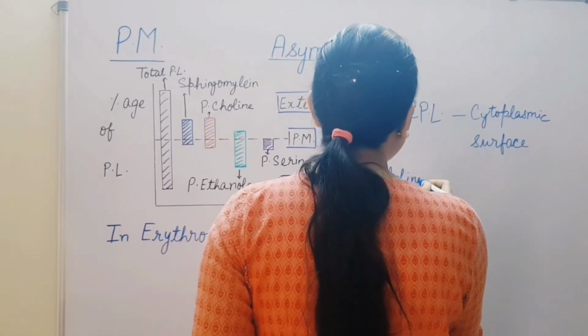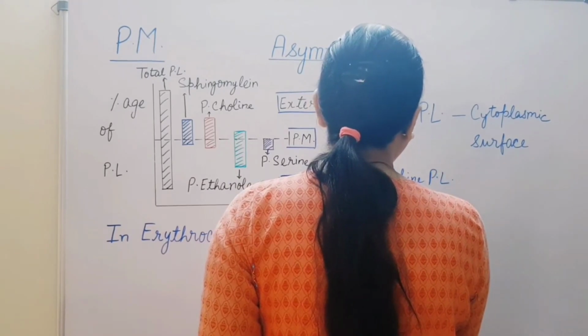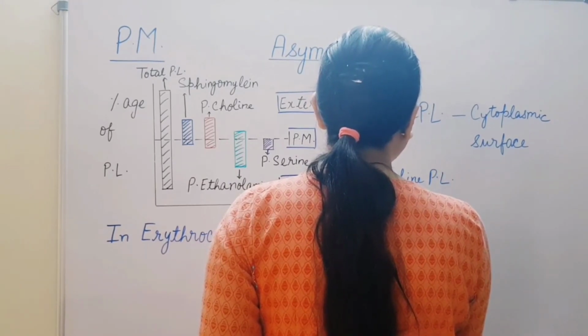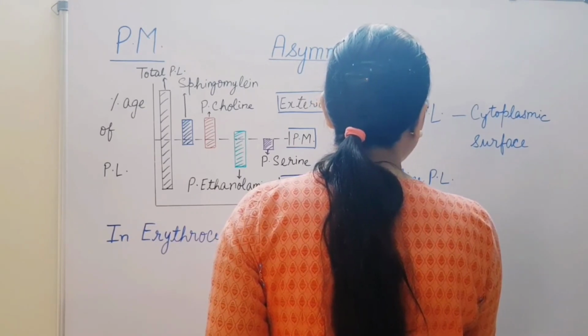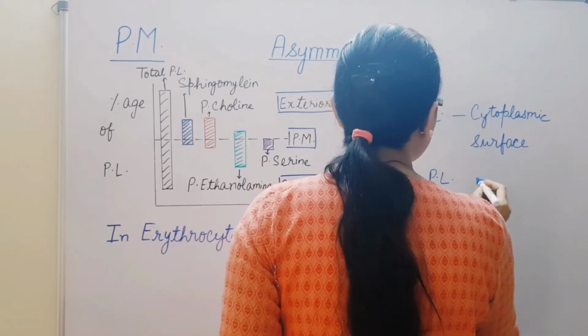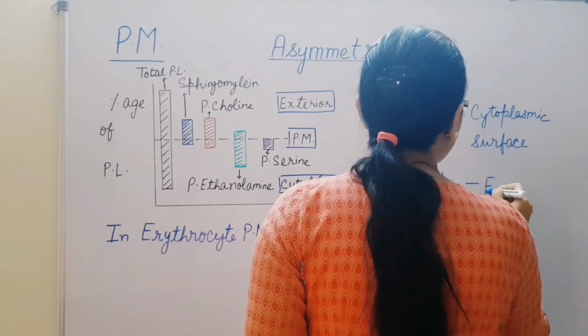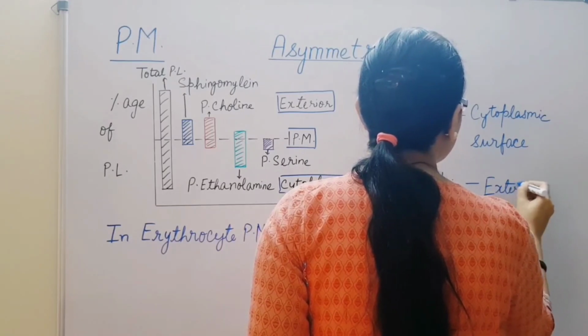Choline-containing phospholipids and sphingolipids are present more on the external surface.